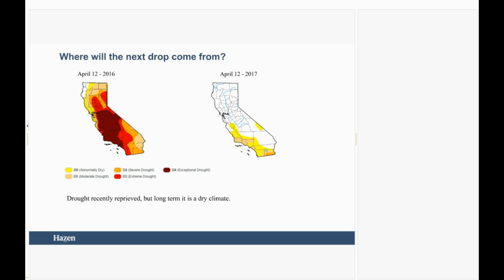The real driver for reuse in California is where the next drop of water is going to come from. As I mentioned before, California is a very dry state, particularly the southern half of the state, and really anything east of the coastal range is a very arid environment.